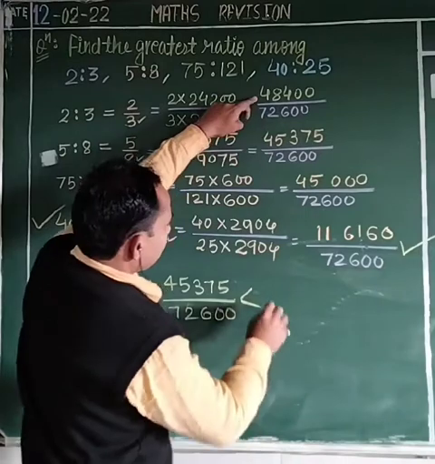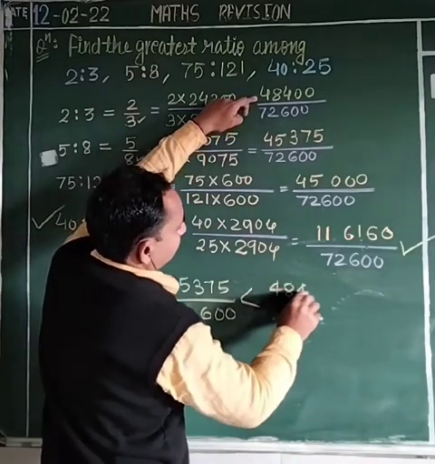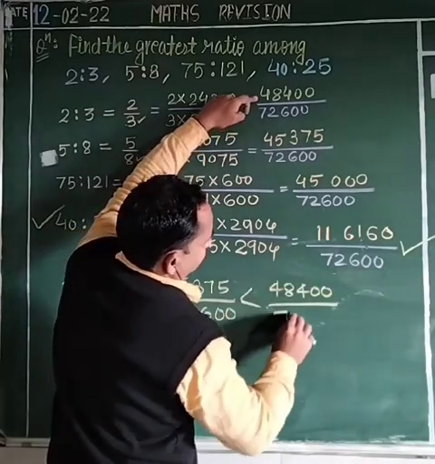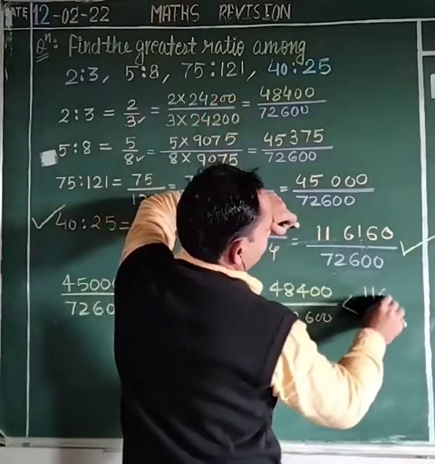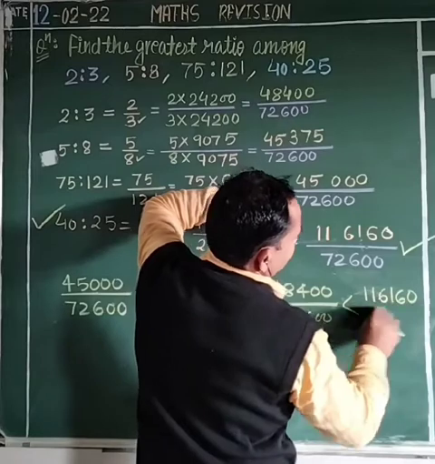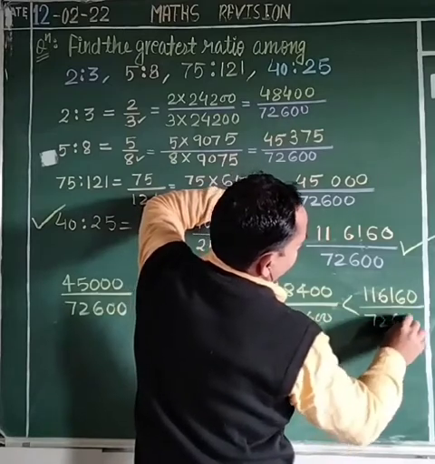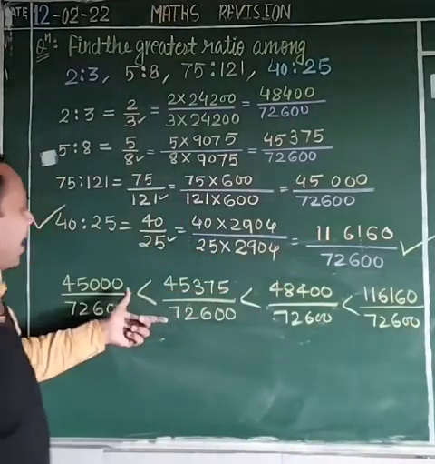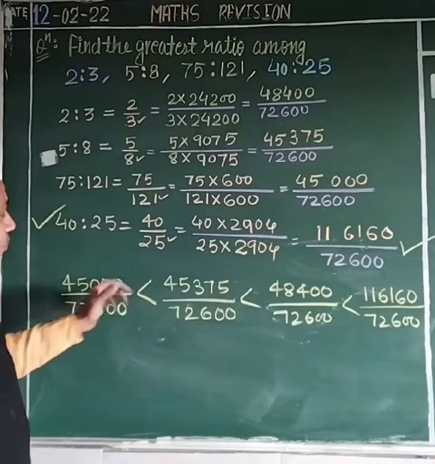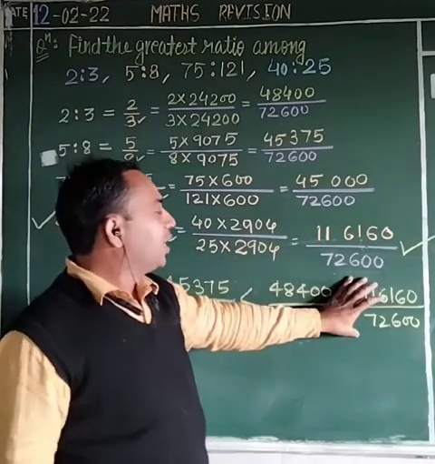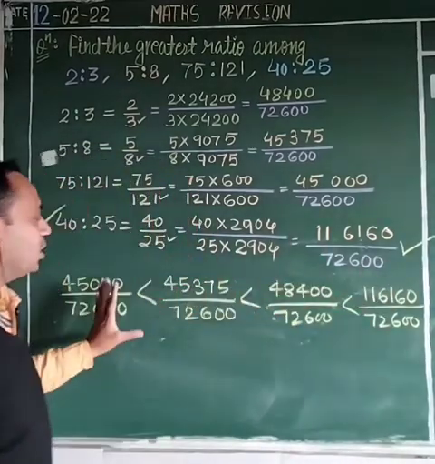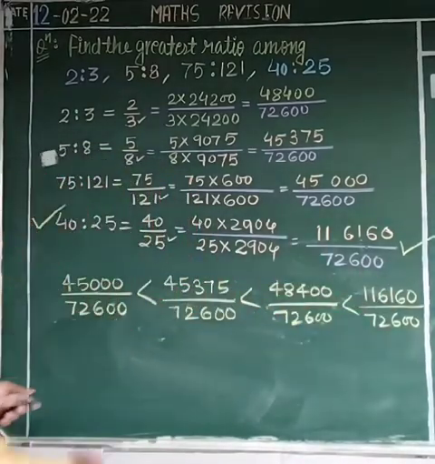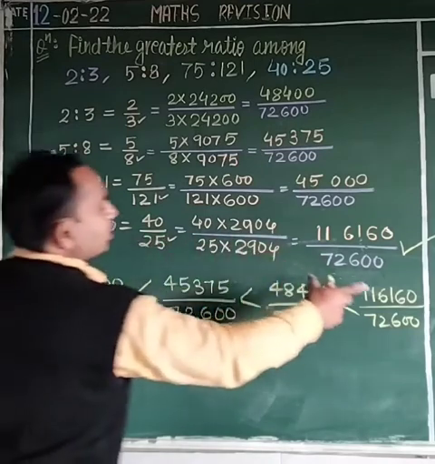After that, this one, and after that last. So this is the ascending order from smallest to biggest. If you want to write in descending order, it is from biggest to smallest, and from this we can say that this is the smallest fraction and this is the greatest fraction.